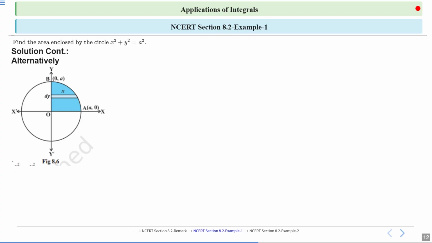So y varies from the first line, the x axis, which is y equal to 0, to the last line, the point B, which is the line y equal to a. So y varies from 0 to a. Now we have to calculate the value of the definite integral of x dy from 0 to a.